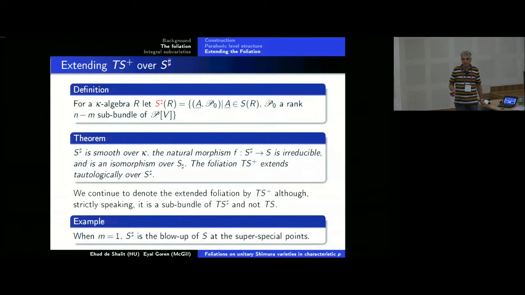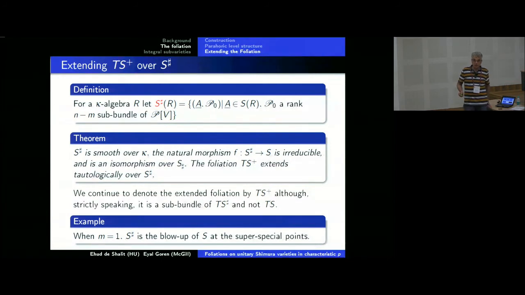It lies above S, and it's isomorphic to S as long as you are over S lower sharp. And it classifies these 4-tuples as we had before, and P0, which is a rank n minus m subbundle of the kernel of Verschiebung on P. So you see, it only makes sense in characteristic p because by definition it uses Verschiebung.